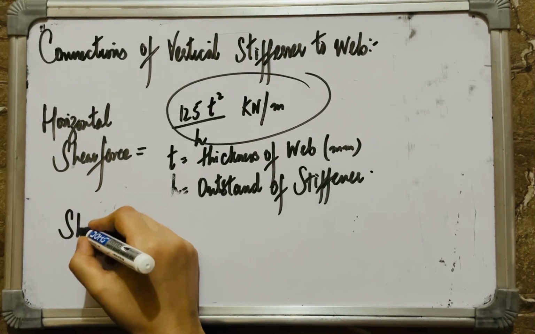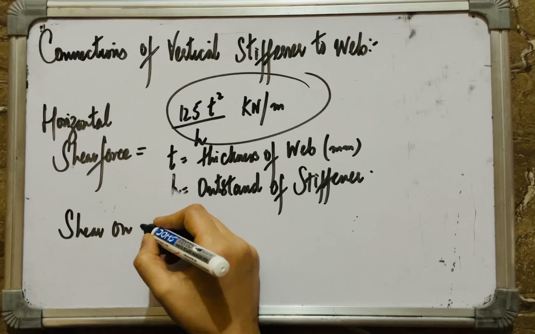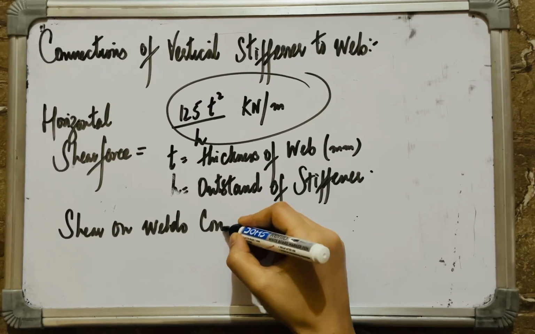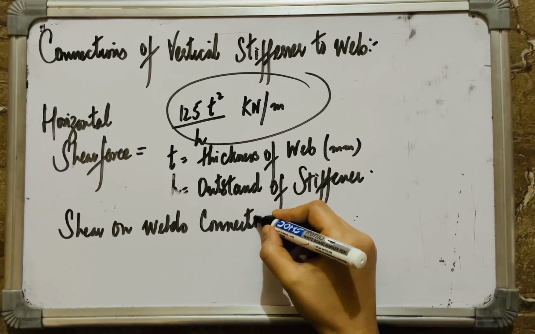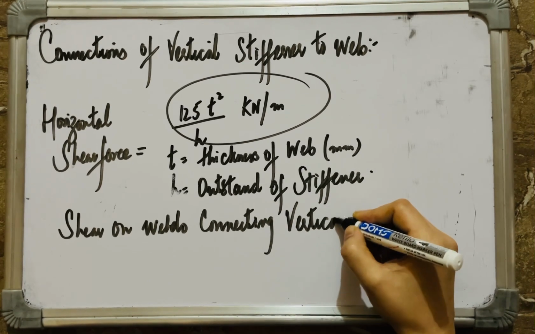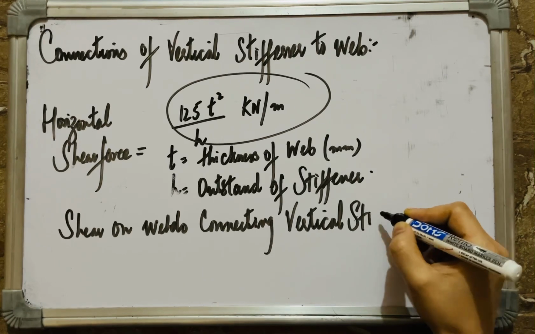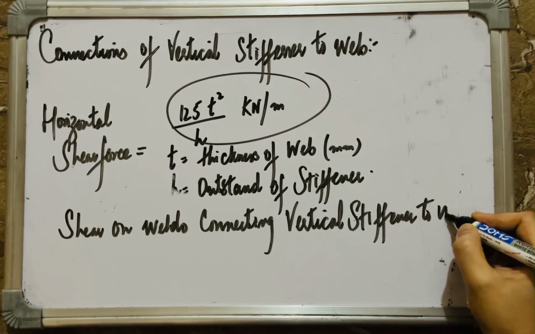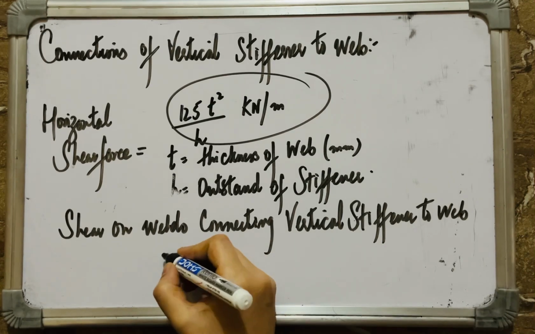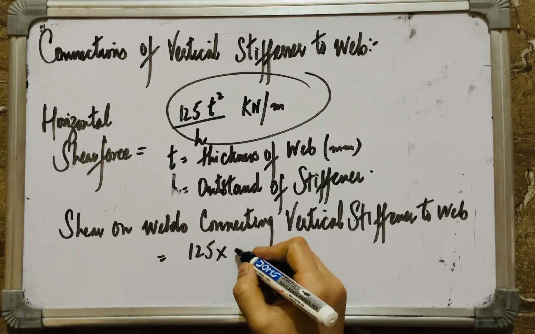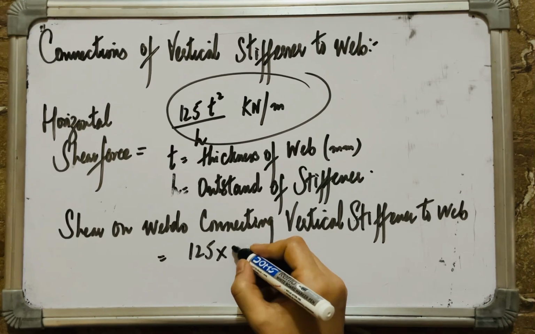So shear on welds connecting vertical stiffener to the web is given by 125 T square by H. How much is the thickness of web? 10.